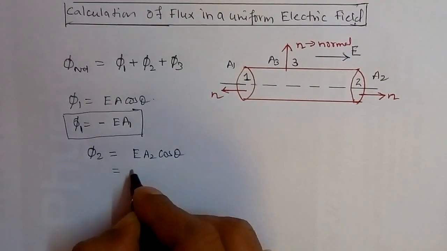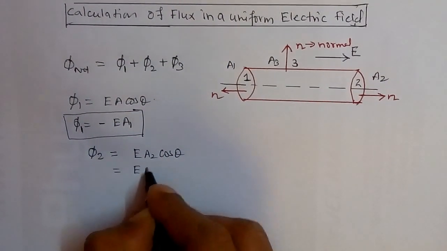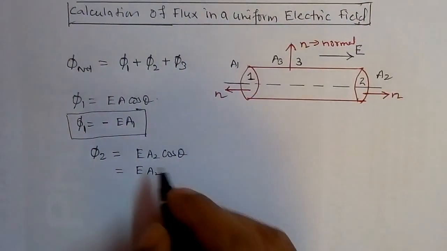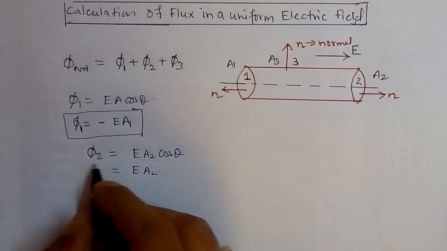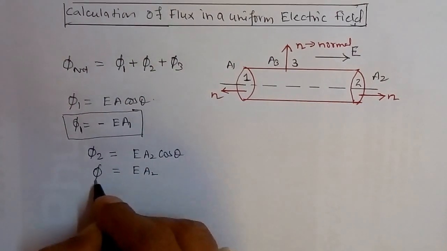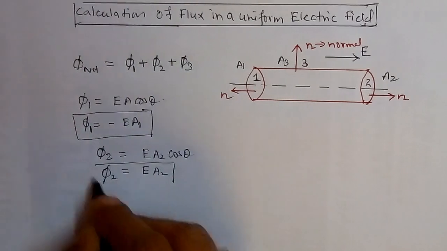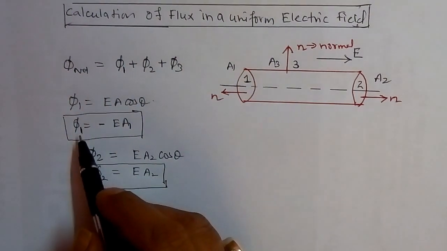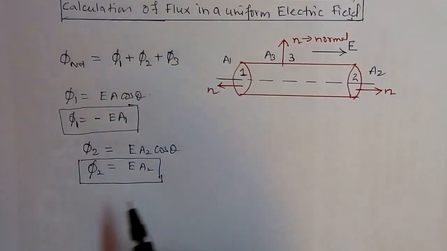Here theta is actually 0, so there is maximum flux in this particular region. Here also maximum flux exists, but in the opposite direction, so it is minus E A1.